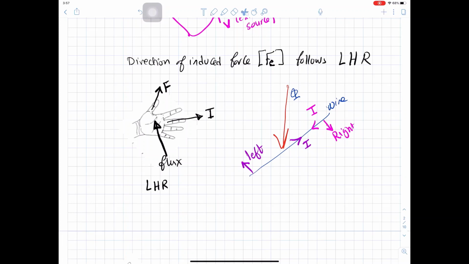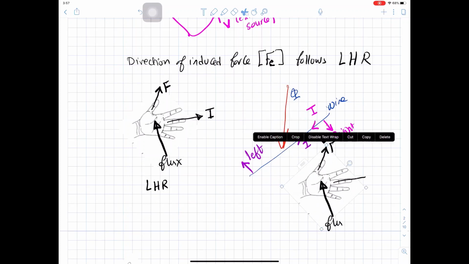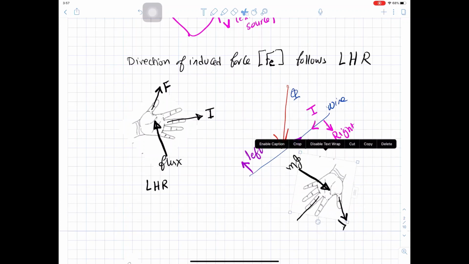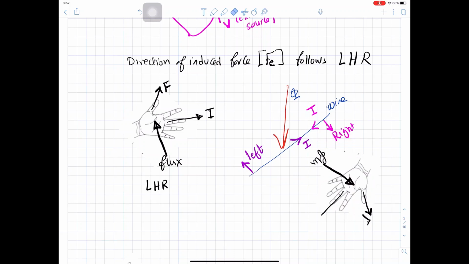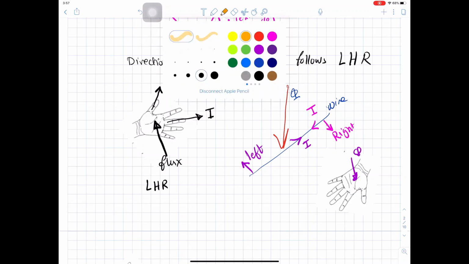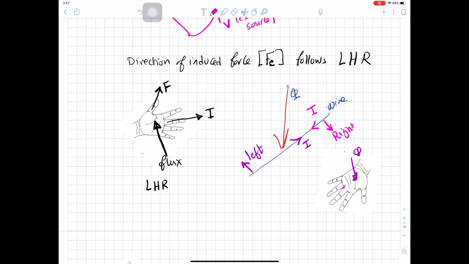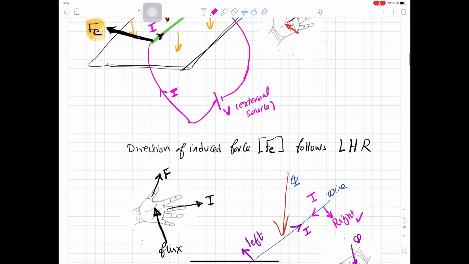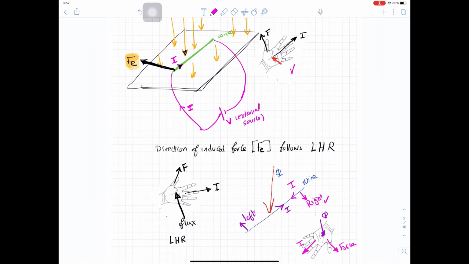So if we put the left hand rule here, if you receive the flux into your hand, this is the flux, and the current is going in this direction, I, the force will be in this direction. This is the force, so you are moving to the right. Or this is the case that you are moving to the left.